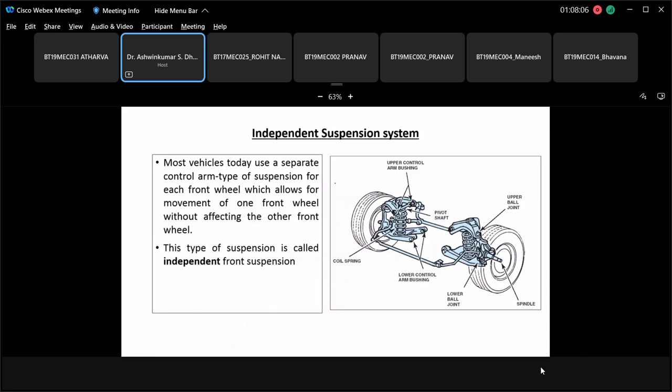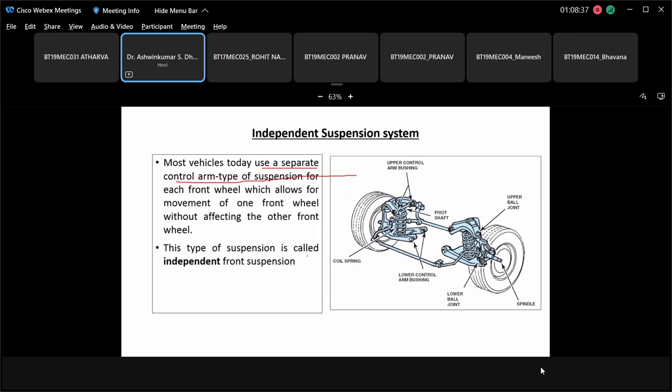Now the independent suspension system, if you see, is basically a complicated structure. So one has to be very careful as far as the designing of the suspension system is concerned. Now most vehicles today use a separate control arm type suspension for each front wheel, which allows for the movement of one front wheel without affecting the other front wheel.